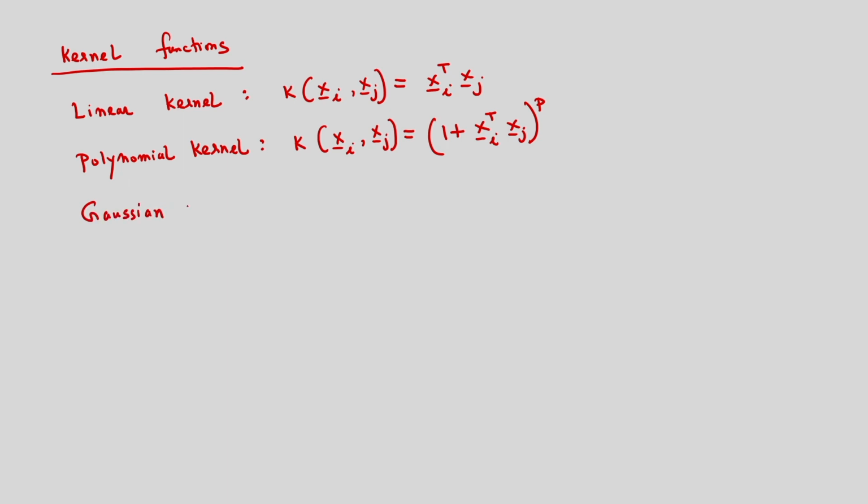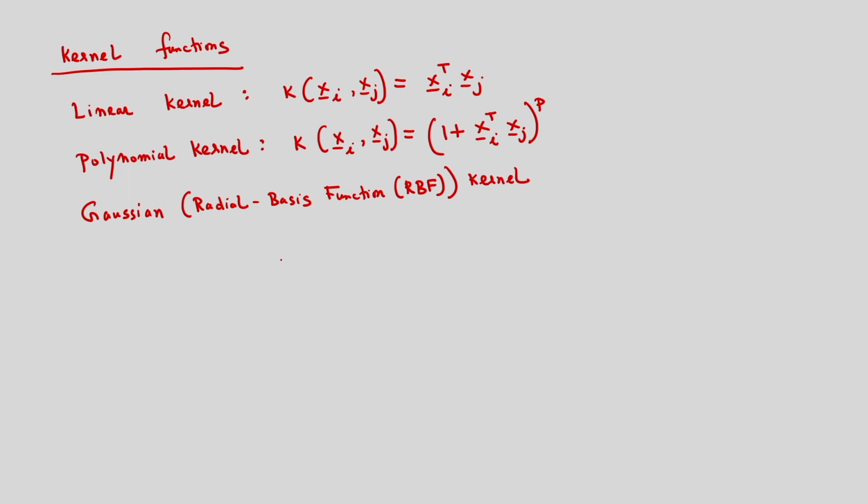The Gaussian kernel is also called the radial basis function kernel, RBF. This is a very popular kernel. The concept of RBF I will explain later, when I discuss the artificial neural network.